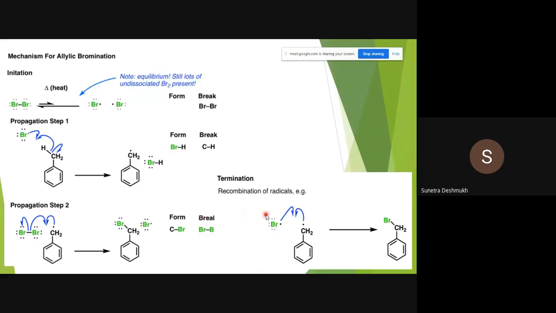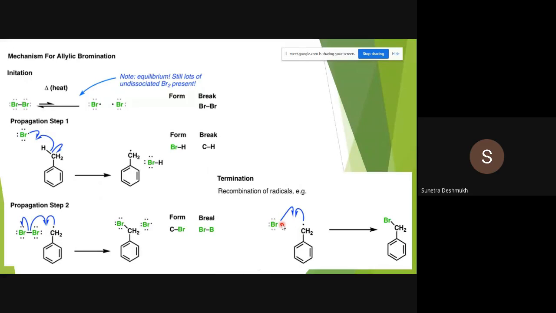And finally the termination stage. Termination, CH2Br formation, that is one kind of termination. As we have seen in the last lecture, another molecule of this benzylic radical can also join together and form a dimer. That is also one termination step.